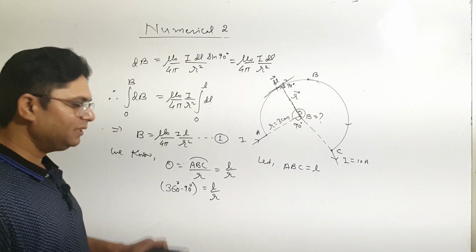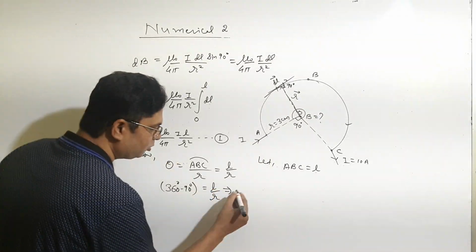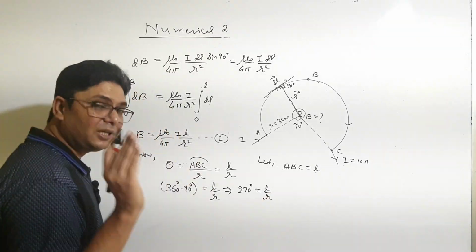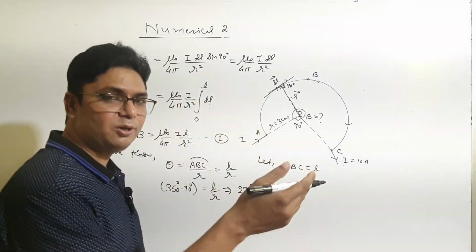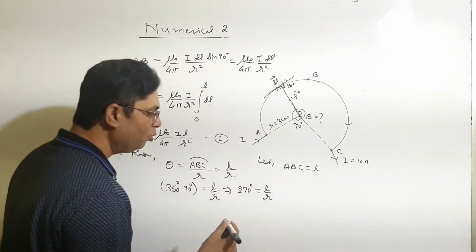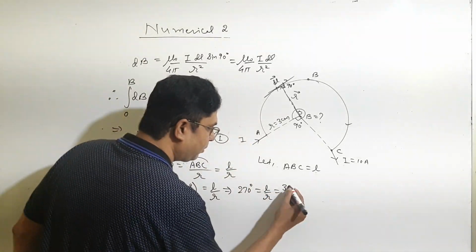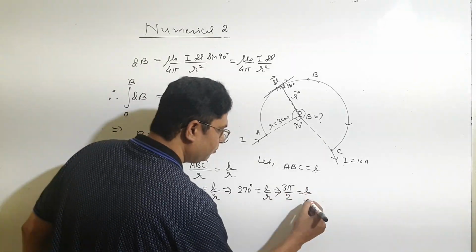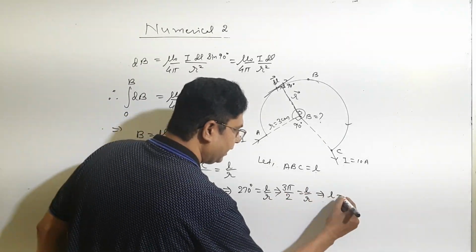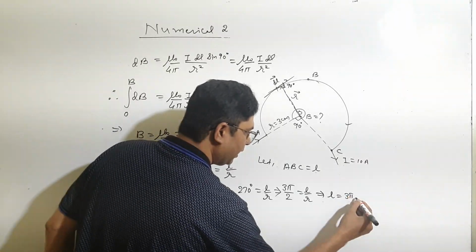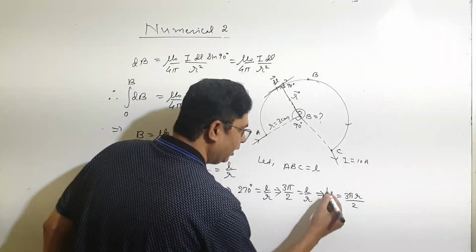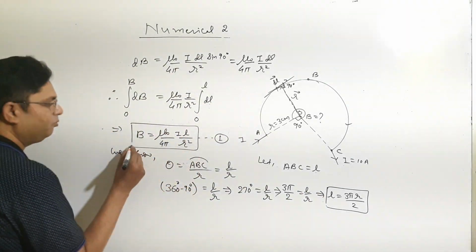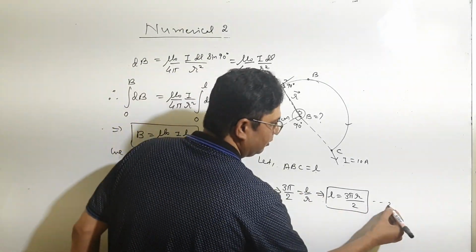Now 360 minus 90 is 270. So 270 degree is equal to L upon r. 270 degree converted into radian is 3 pi upon 2. So 3 pi upon 2 is equal to L upon R. This means that L is equal to 3 pi R upon 2. This is equation number 2.